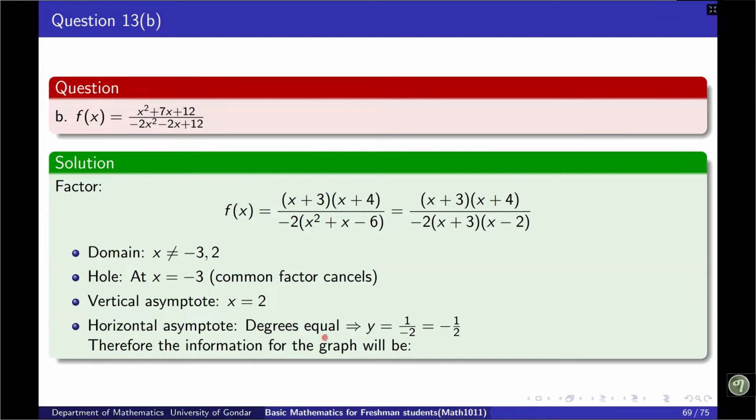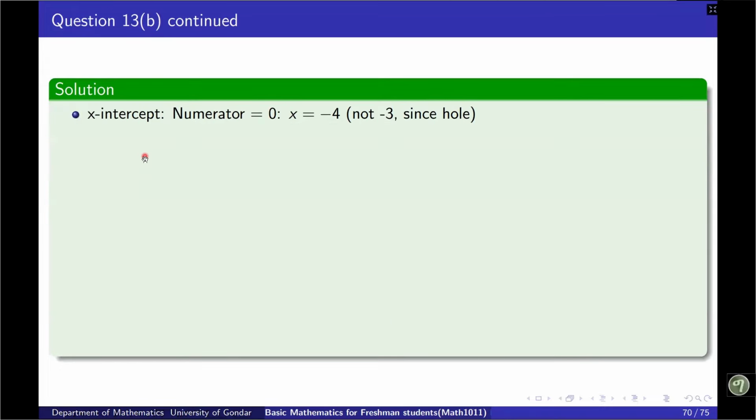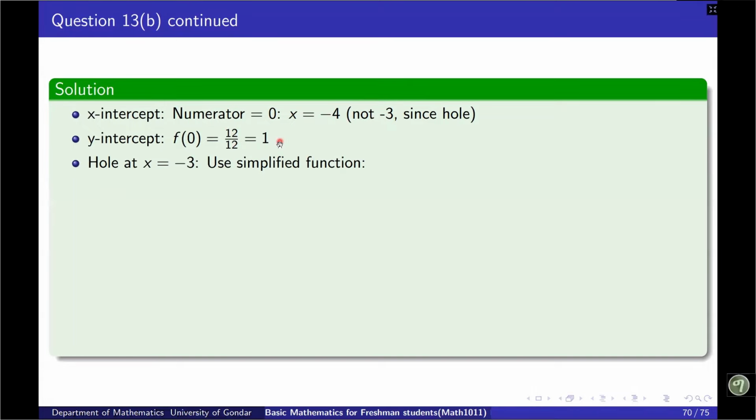Therefore, the information for the graph of this rational function is as follows. We have the x-intercept, where the numerator is equal to 0, x equal to negative 4, not negative 3, since we have a hole here. The y-intercept is whenever x equal to 0, it becomes 12 over negative 12, which is simply negative 1. So 0, negative 1 is the y-intercept.